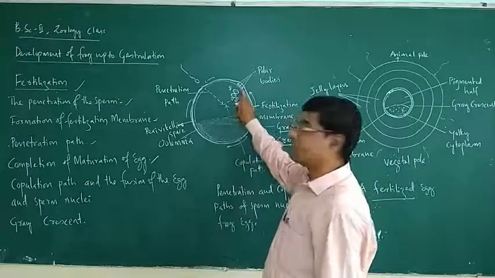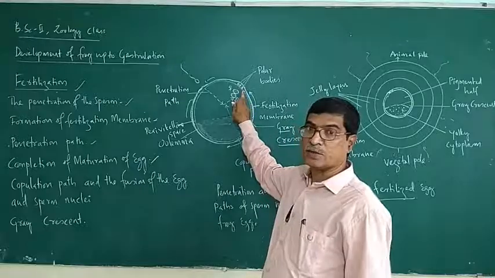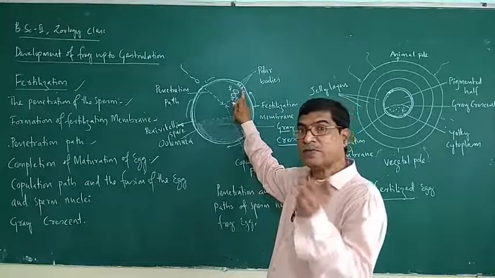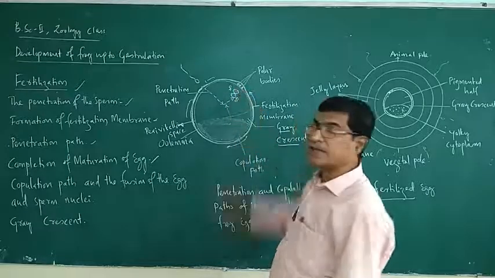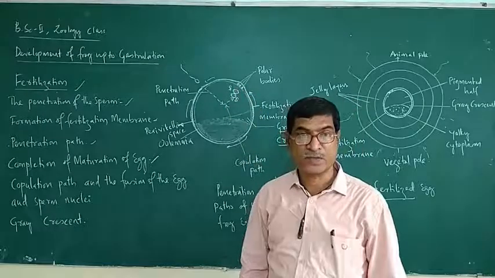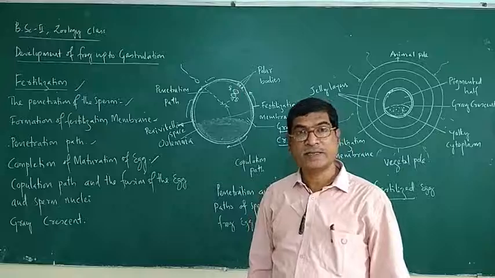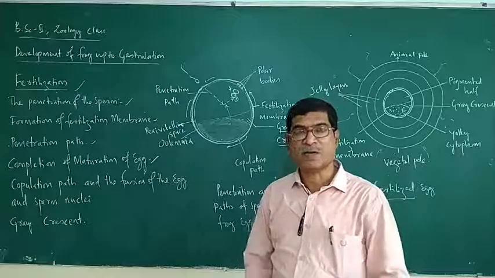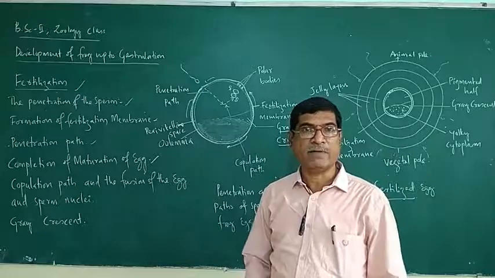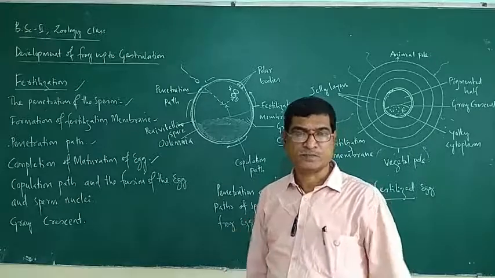Here, how many polar bodies are there? 3 polar bodies. The first primary polar body is divided into 2 polar bodies, plus the secondary polar body. Totally, there are 3 polar bodies. Polar bodies contain sets of chromosomes but a very little amount of cytoplasm. They will perish.